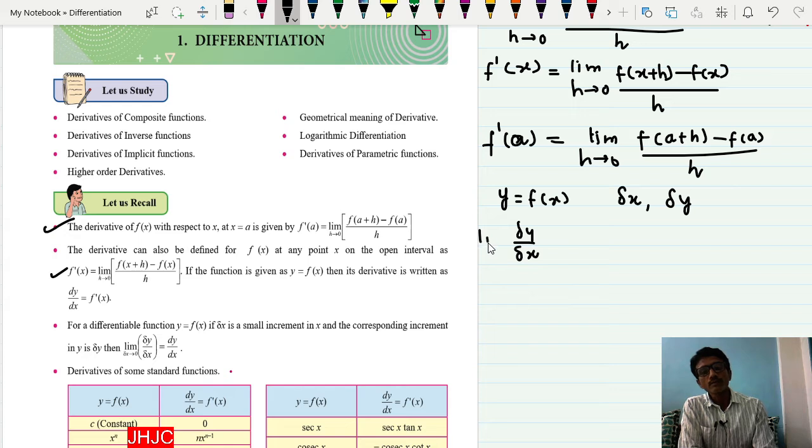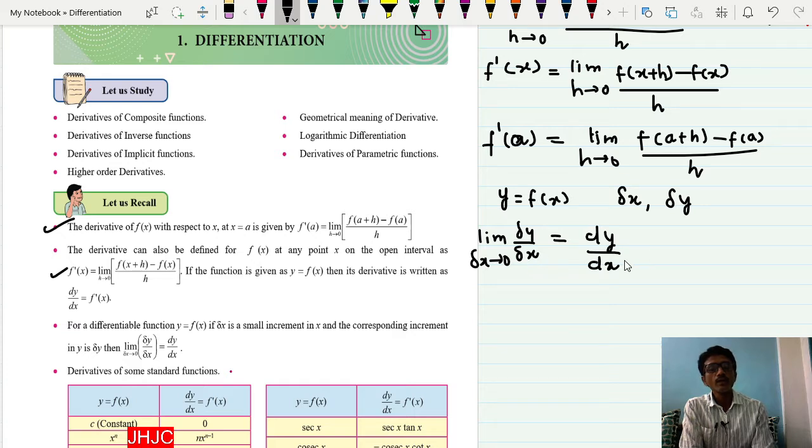And if limit delta x tends to 0 of delta y upon delta x exists, then it is called derivative of y with respect to x, and we write it as dy by dx.